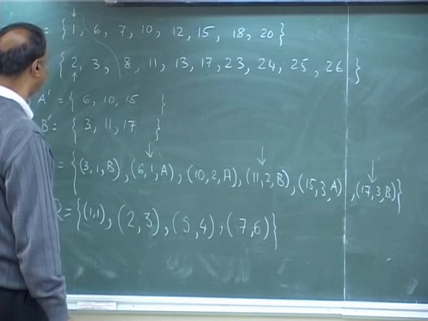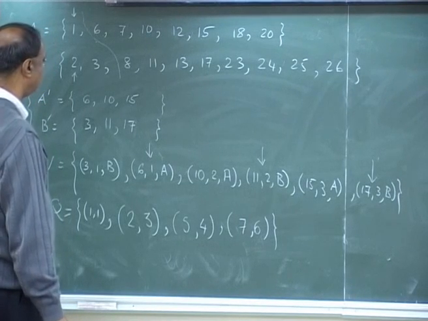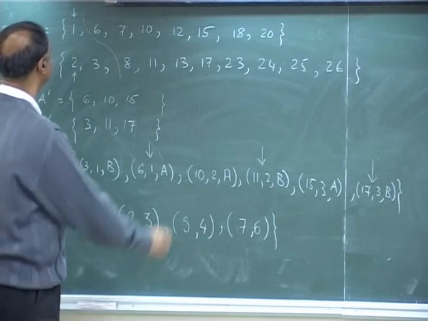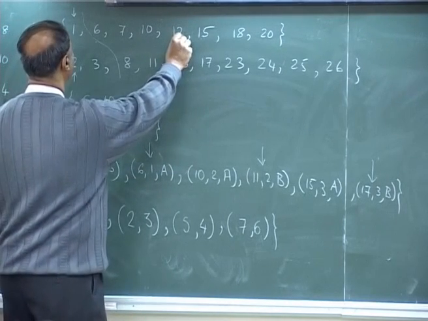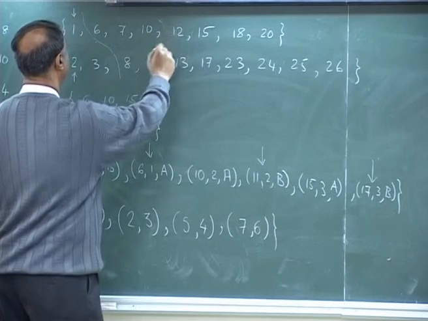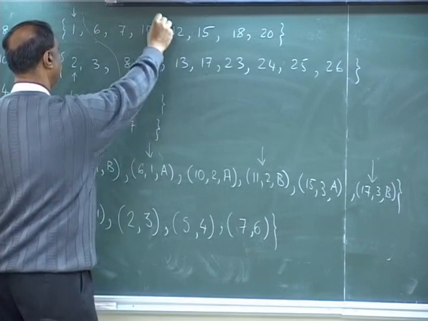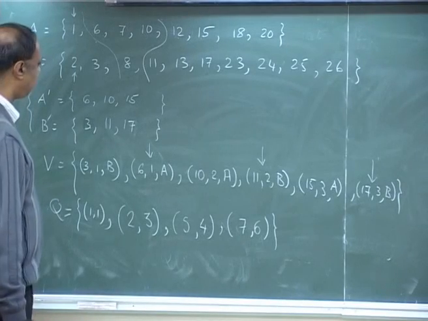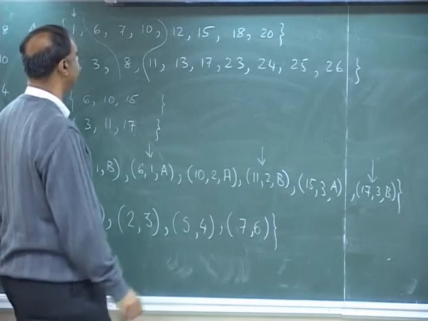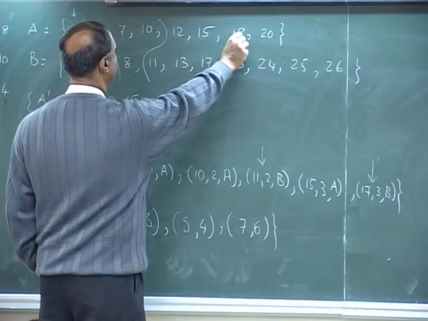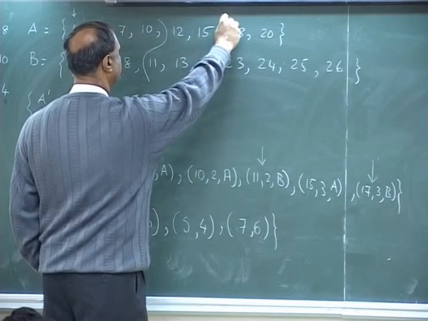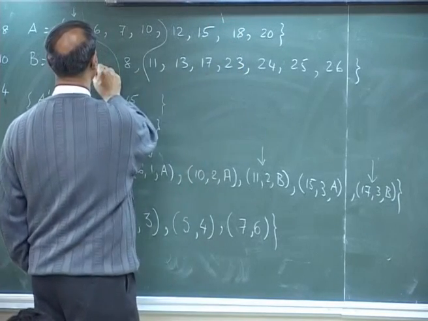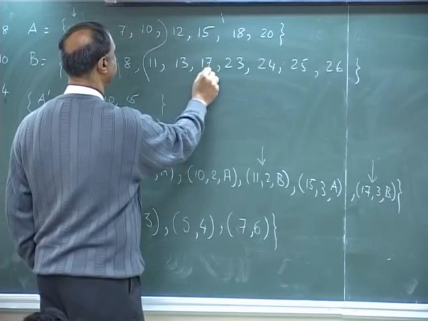It starts up to 5, 4; 5 is here, and 4 is 11. Then 5, 4 goes up to 7, 6; 7 is here, and 6.